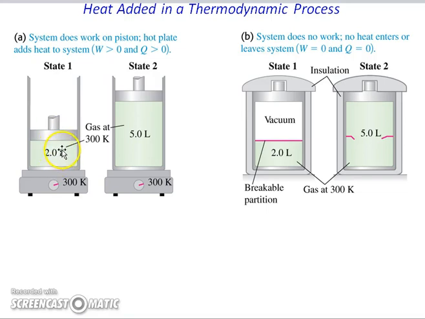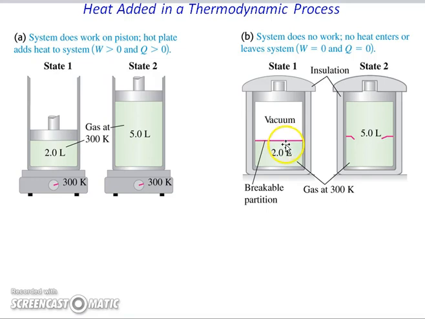We let the gas expand slowly, supplying heat from this electric heater to keep the temperature at 300 Kelvin. After expanding in this slow, controlled, isothermal manner, the gas reaches its final volume of 5 liters. So this is my state 1, this is state 2, and in the process it absorbs a definite amount of heat from this heater.